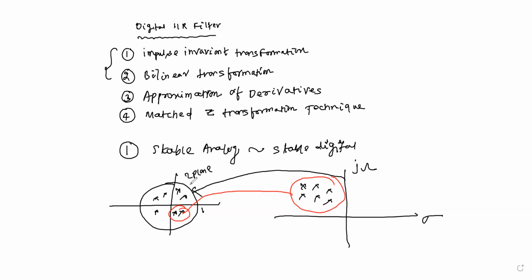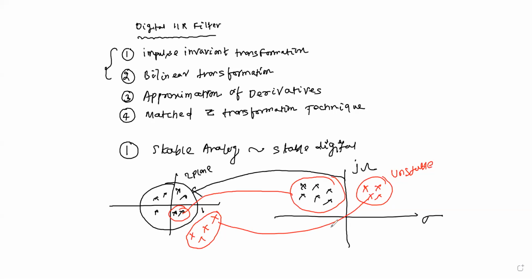Simply, the j omega axis must be mapped to the unit circle in the Z plane, and all the poles on the left hand side must be mapped to inside the unit circle. And to say it the other way, all right hand side poles must map to poles outside of the unit circle, because you know that when poles lie on the right hand side, it is an unstable system.